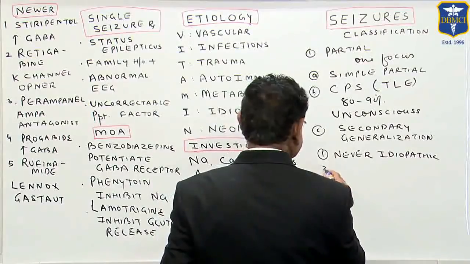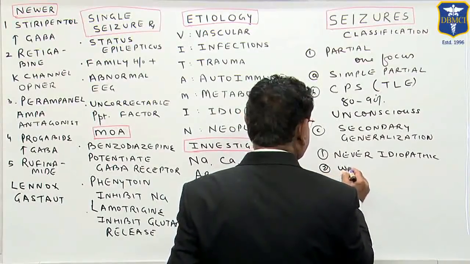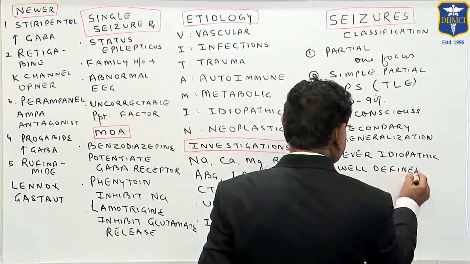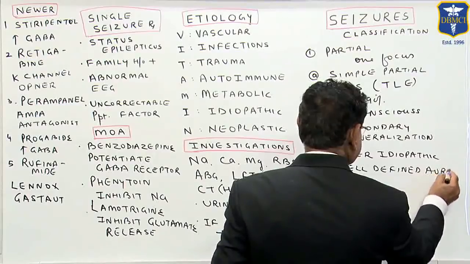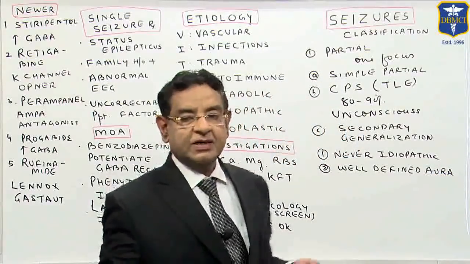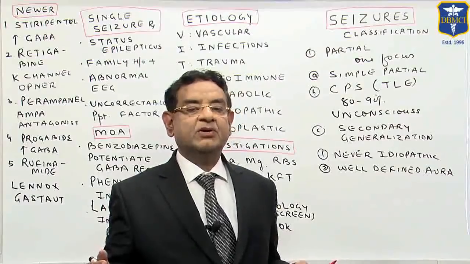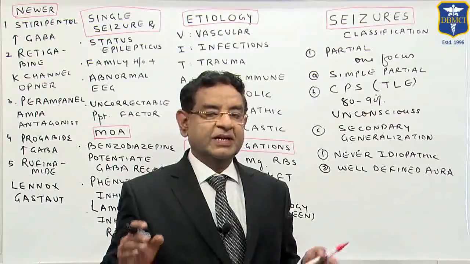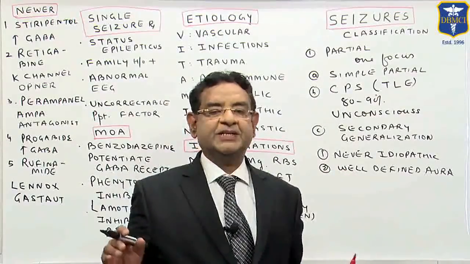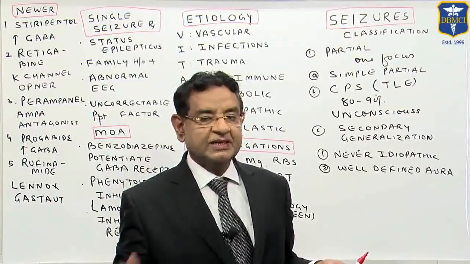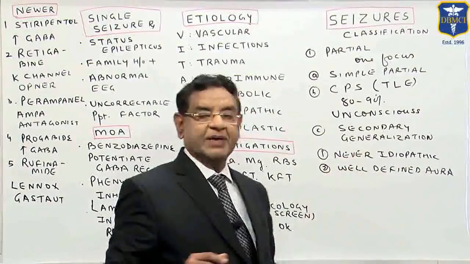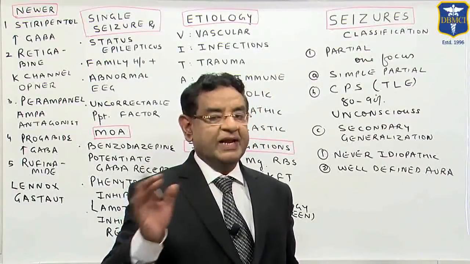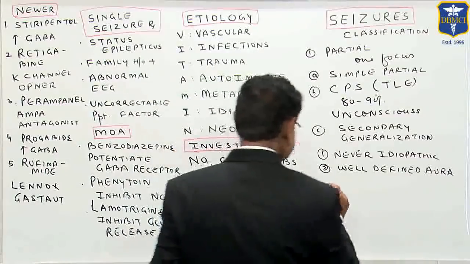Number two, they have a well defined aura. The patient comes to know that epilepsy is about to occur. The well defined aura is a classical feature, and in fact this point differentiates it from generalized seizure. Remember, generalized seizure can be idiopathic, and in generalized seizure they have no aura or an ill defined aura.